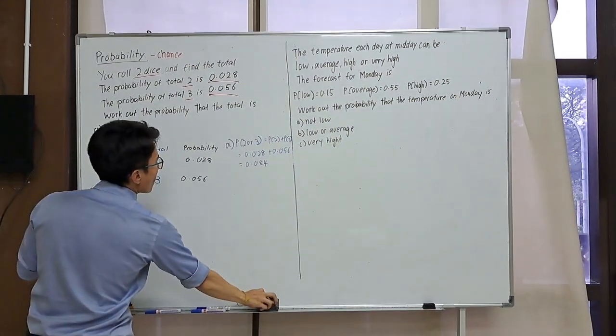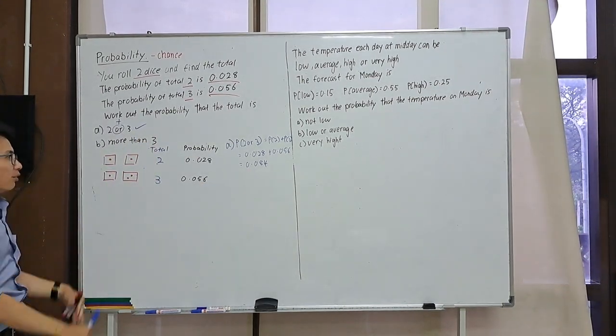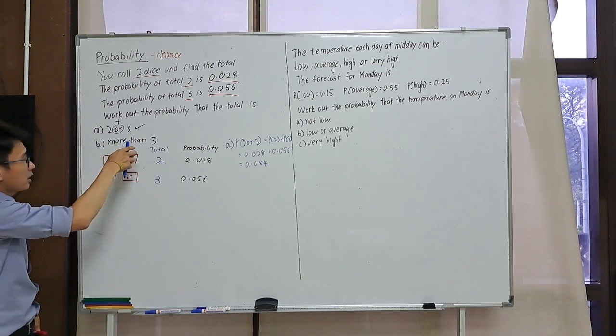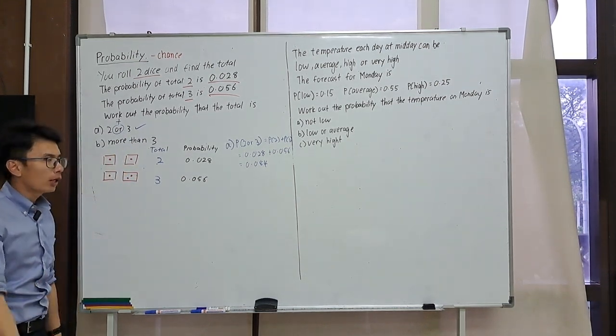Okay. Now that's my solution for A. Now B over here. Now what is the probability of me getting more than 3? Means the total is more than 3. So how do I do that?